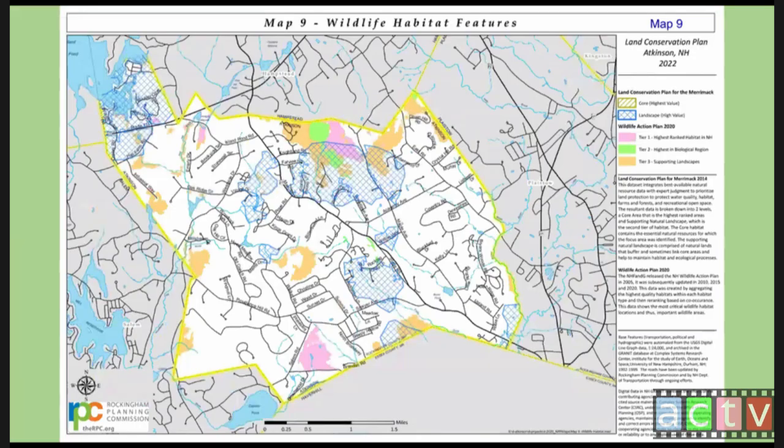So looking back, the solid areas are from the Wildlife Action Plan, and the crosshatched blue areas are from the Merrimack Valley Plan. You'll see that there is some overlap between these two studies, which is to be expected, but the Merrimack Valley study covers a broader area since it includes other considerations besides just habitat.